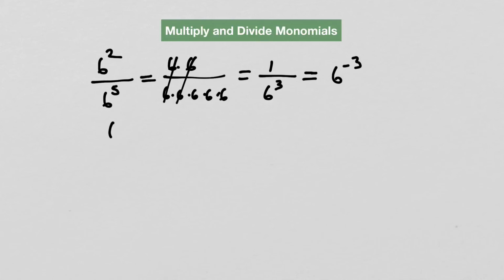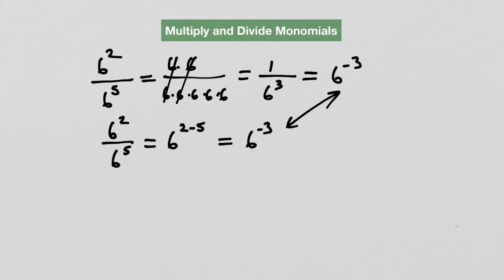We said that 6 to the 2nd power over 6 to the 5th power is equal to 6 to the 2 minus 5, and that is the same as 6 to the negative 3 power. See that? They're identical.